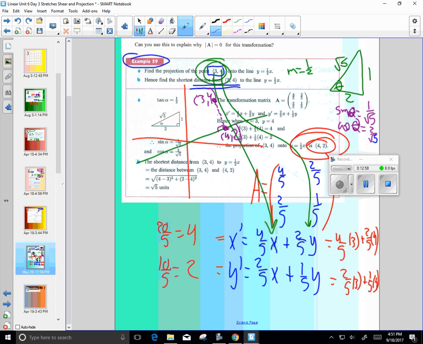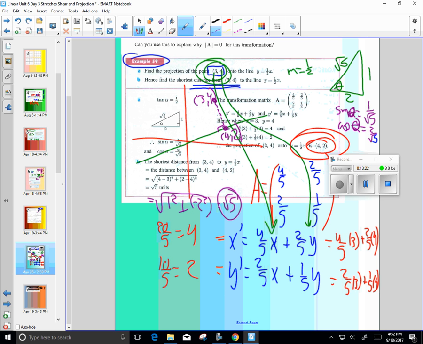That's just the distance formula. So the square root of 4 minus 3 is 1 squared, 2 minus 4 is -2 squared, which is 1 and 4, square root of 5. That's pretty cool that you can find the distance between a point and a line using matrices now.